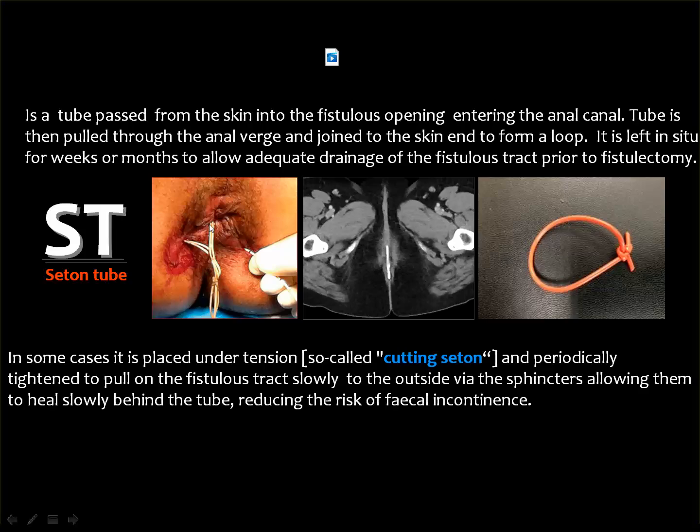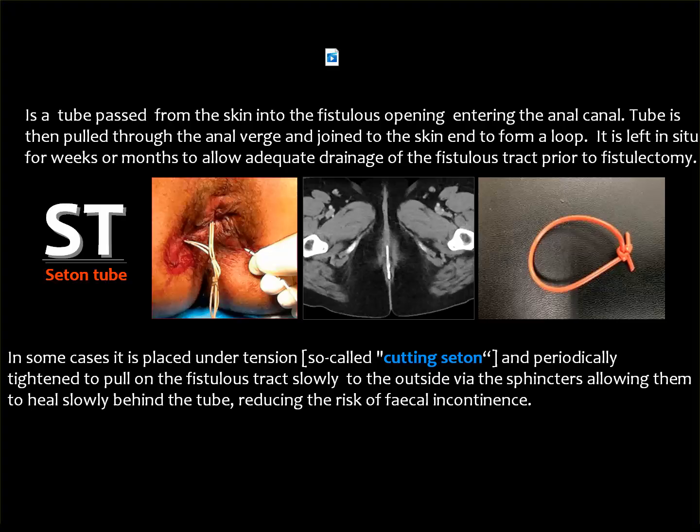And after some time you may induce more tightness of the seton tube, and this will, as written here, be periodically tightened to pull the fistulous tract slowly to the outside. You mean if you tighten the tube, you pull the tube towards the outside, and its original place will heal by granulation tissue.